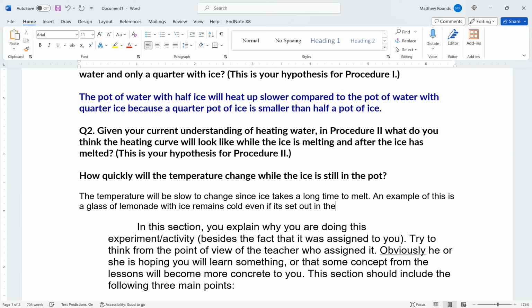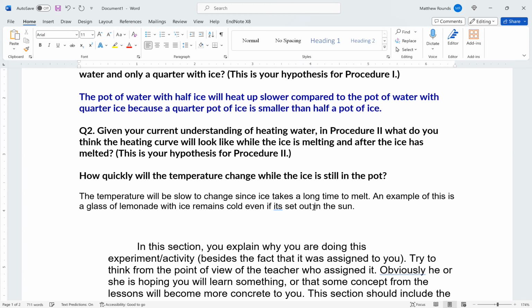Now, the second question for you to answer here is how quickly will the temperature change once the ice is gone? So basically, there's no more ice, it's just water.